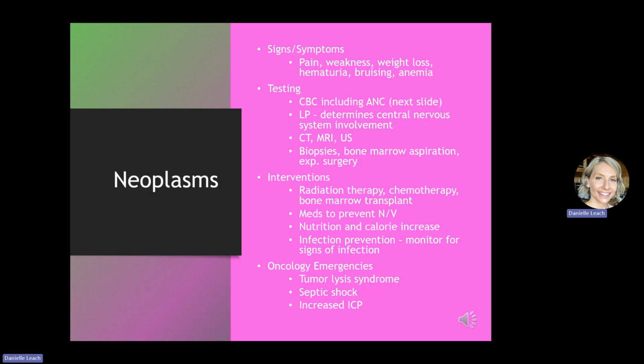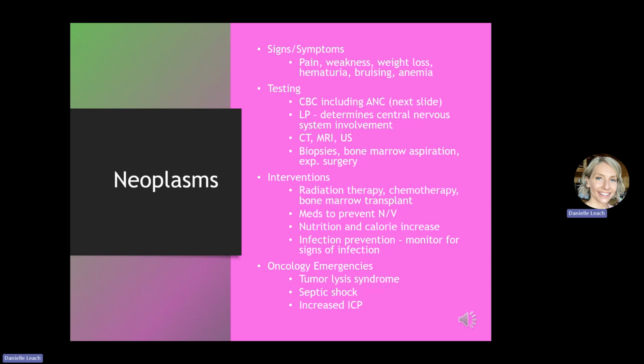Also things like weakness, weight loss, not wanting to eat, blood in urine, blood in stool, and anemia. Testing-wise, we can do many different tests. We can do a CBC, including an ANC, which is absolute neutrophil count.